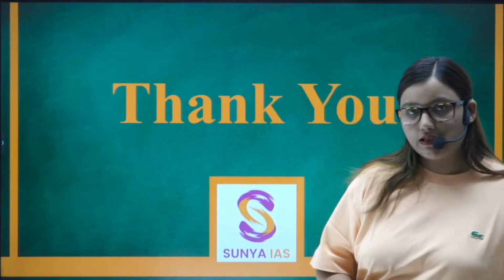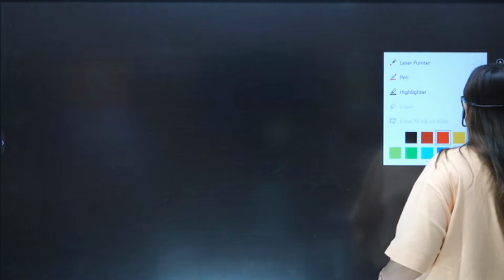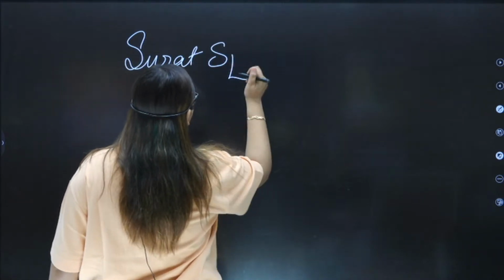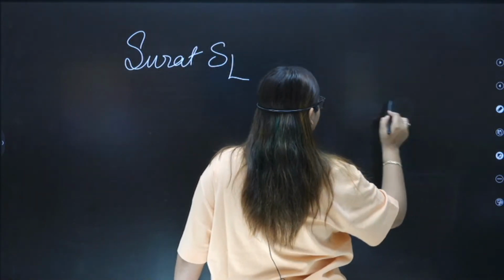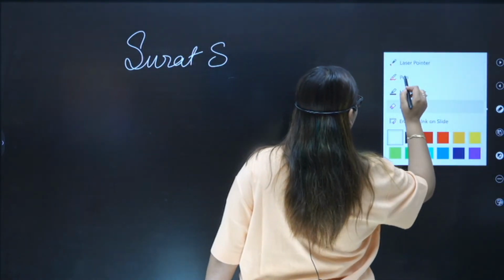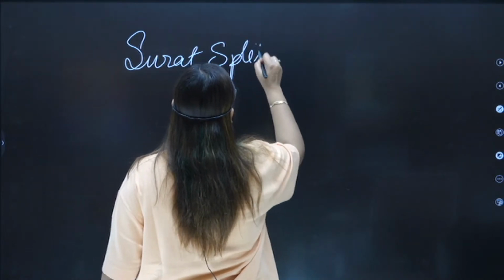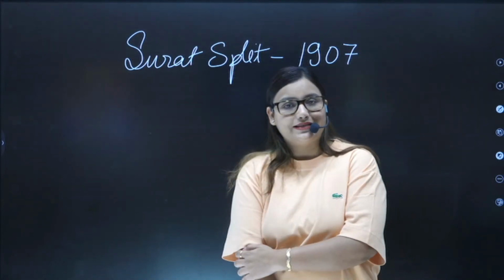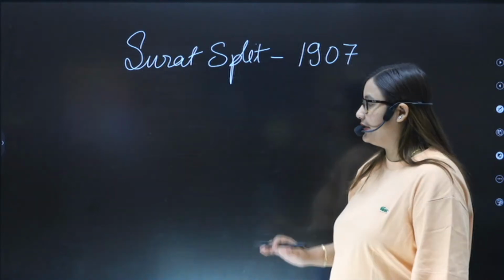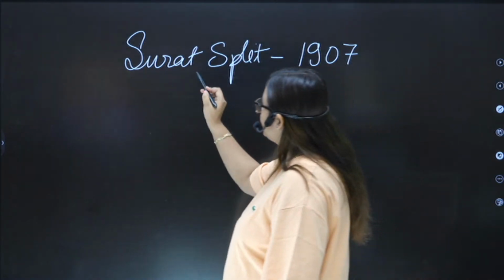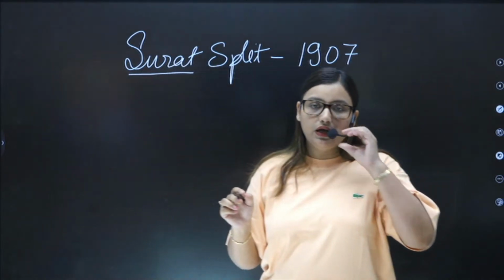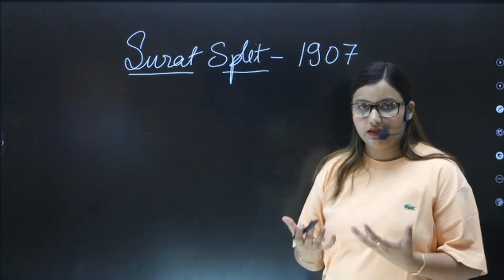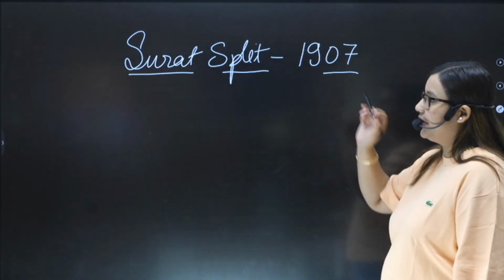See, I'll just explain this to you. Surat split. Basically, Surat split happened in 1907. Understand this. What is split? The place where the Congress meeting was held was Surat, and split is the breaking of Congress leaders, members in two parts. It happened in 1907.